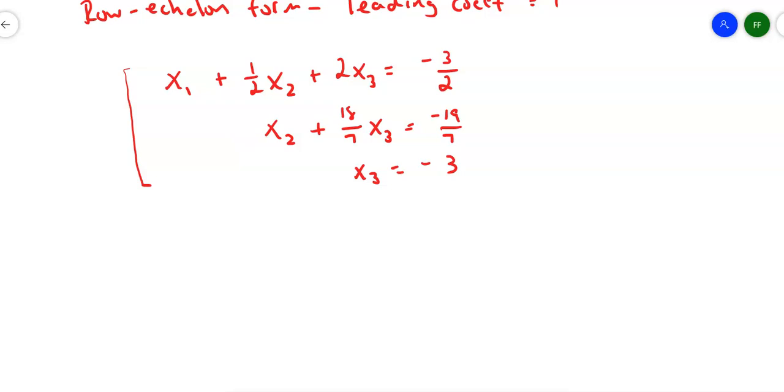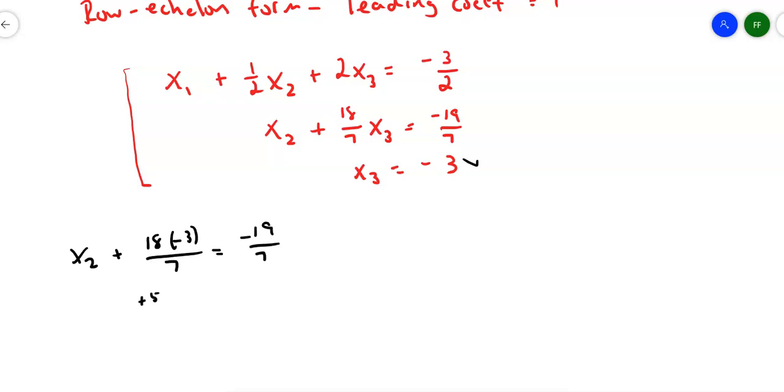All right, so if I want to actually find a solution here, x sub 3 is equal to negative 3, done. How about the x sub 2? Well, x sub 2 plus 18 times negative 3 over 7 equals negative 19 over 7.